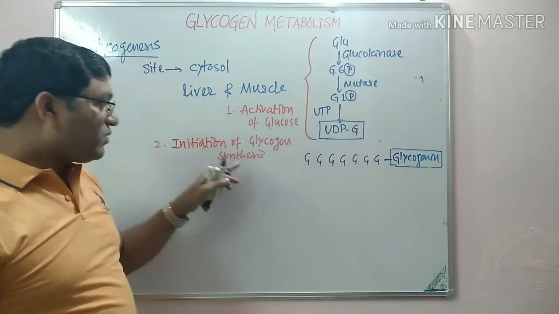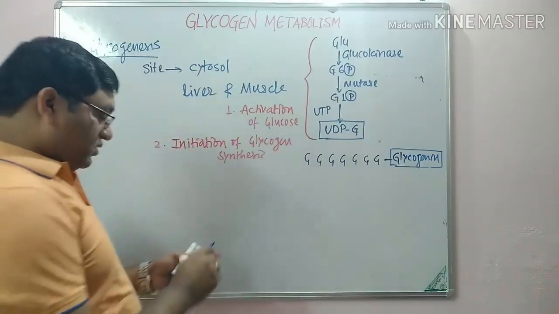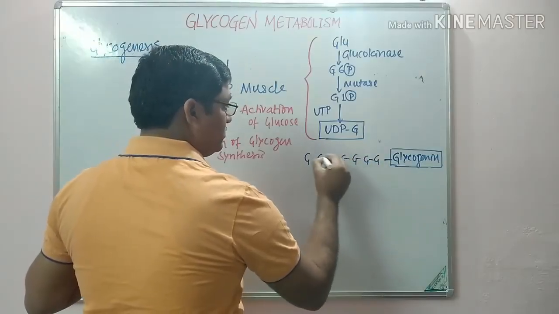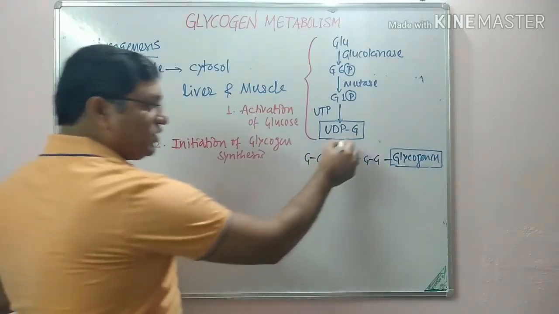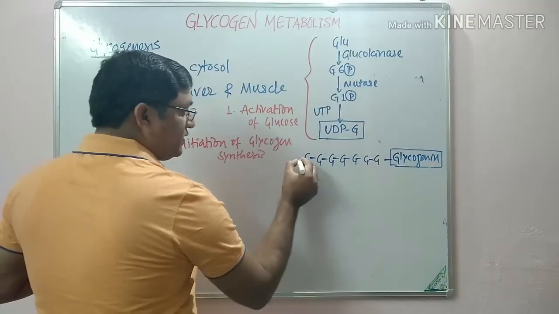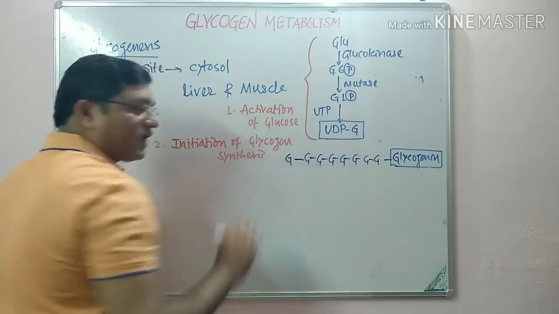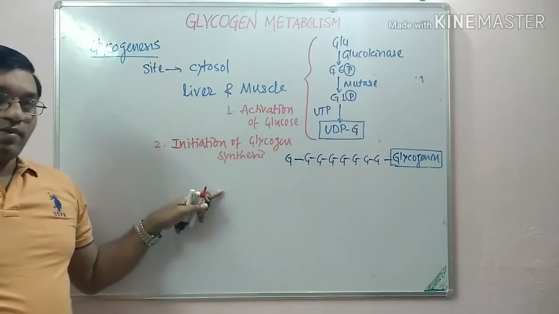In the initiation of glycogen synthesis, with the help of glycogen synthase, this UDP glucose gives the glucose molecule to the glycogenin and elongates the glycogen primer.